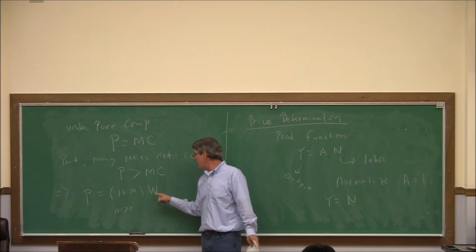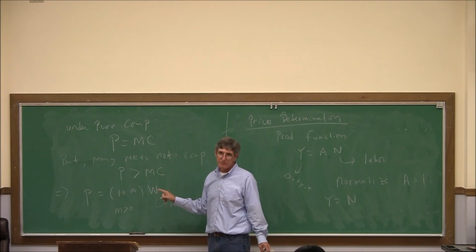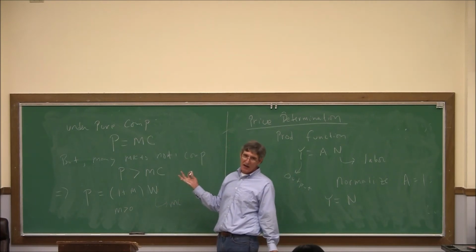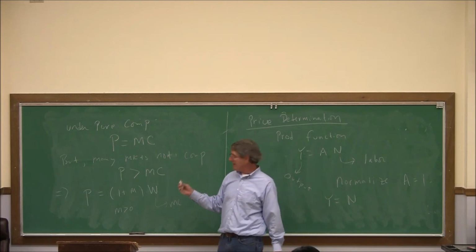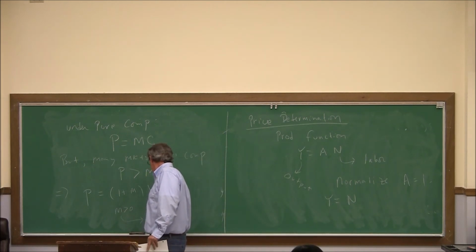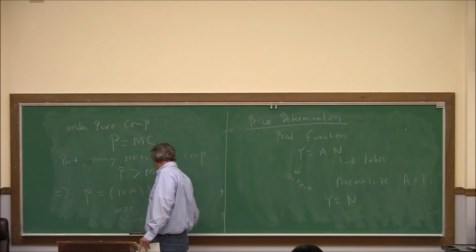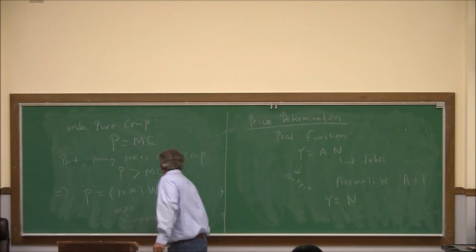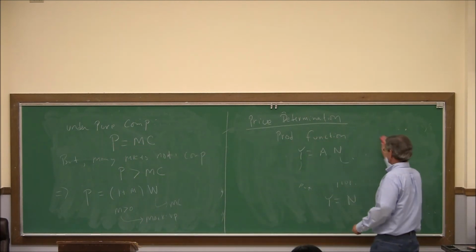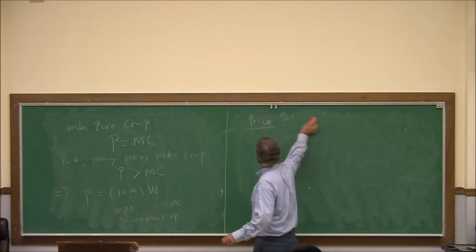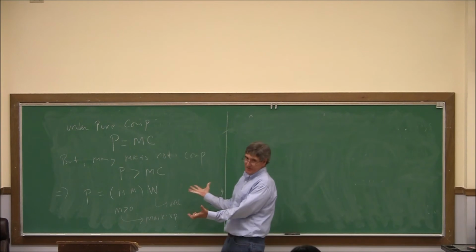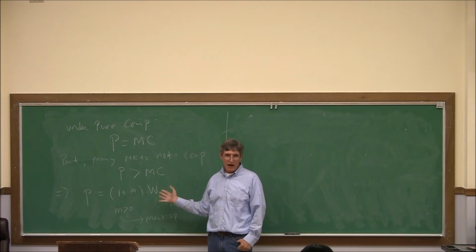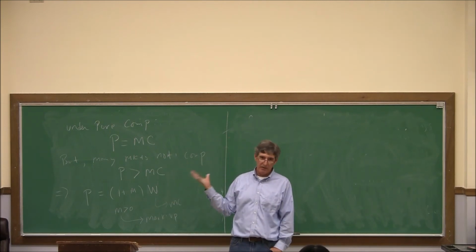So price is a markup over cost. So M is the markup. If M is 0.05, you've got a 5% markup over marginal cost. So M is called the markup. That is the price setting equation. So we're going to use that as how prices are set in the economy. They're a markup over marginal cost, and marginal cost is W. They're a markup over marginal cost because we have monopoly power. They're monopolistically competitive.